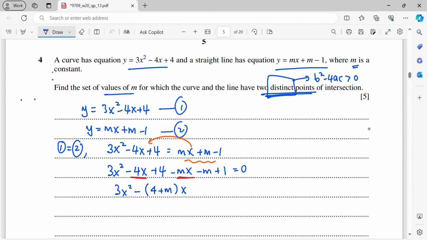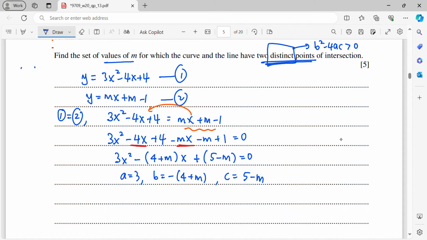Okay, and then plus the constants, which will be 4 minus m and 1. So 4 plus 1 is basically 5. So 5 minus m. Then from here, your coefficient for x squared is a, which is 3. Coefficient for x is negative of (4 plus m). And then the c is the constant, which is 5 minus m.